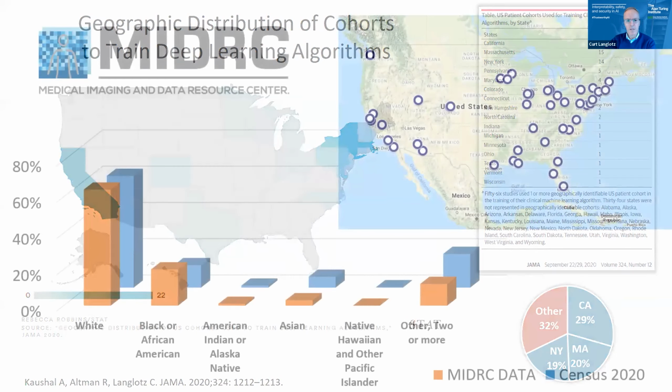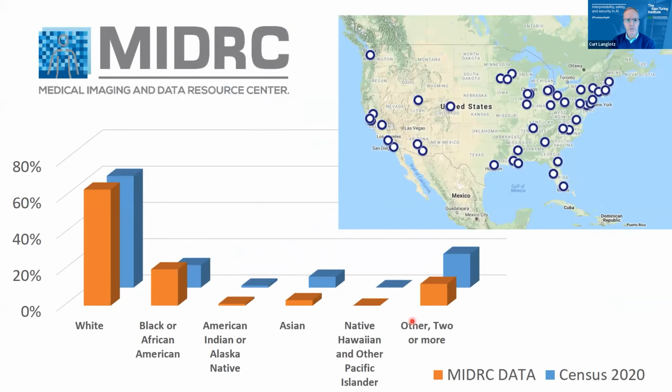And so one of the other answers to that is this project many of us are involved in, called the Medical Imaging and Data Resource Center. It's a federally funded project here in the United States. It's our imaging community's response to the COVID-19 pandemic.